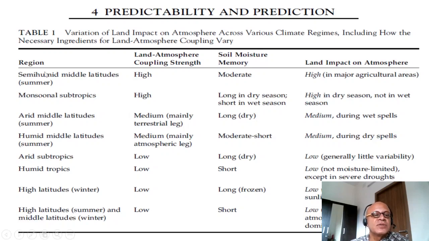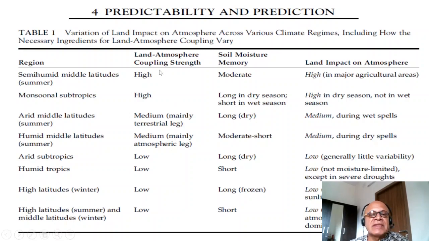Okay, so the regions here go from semi-humid mid-latitudes, summer monsoonal subtropics, arid mid-latitudes, humid mid-latitudes, arid subtropics, humid subtropics, high latitudes typically of interest for winter, and high latitudes in summer and mid-latitudes in winter as well.